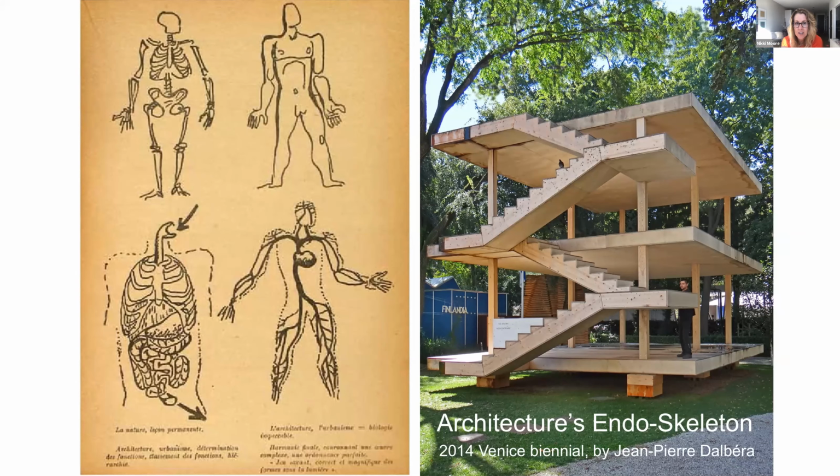And he took this analogy really seriously, that you would have a skeleton and then whatever happened next is simply the skin. It's the drapery that covers the functional structural aspects of the building.